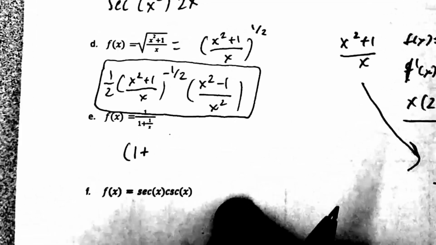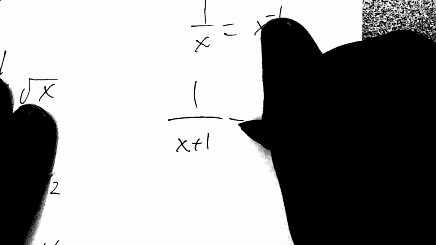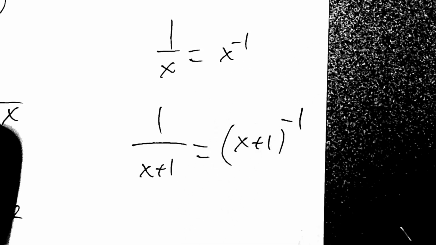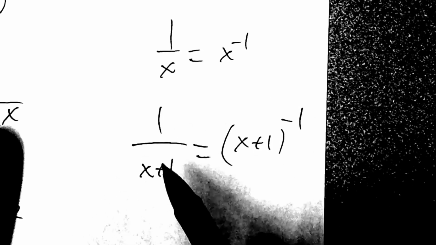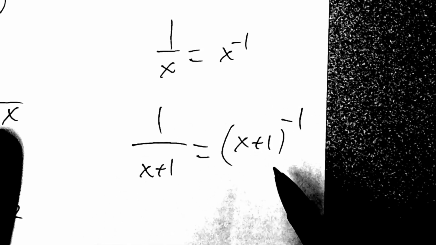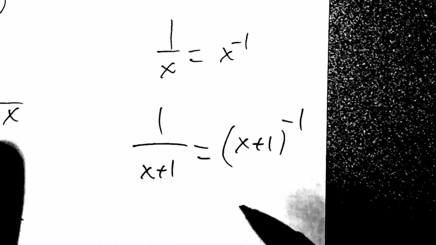I'm going to, on a different sheet of paper, let me show you what I'm doing here. Whenever you have, say, 1 over x, you can write that as x to the power of negative 1. If you have 1 over x plus 1, you can write that as x plus 1 all to the power of negative 1. And when you do that, what you can do is then, instead of doing a quotient rule, you can do a chain rule on it, but only in this kind of situation.